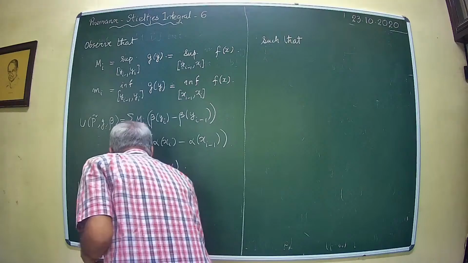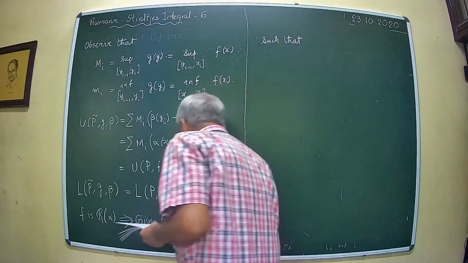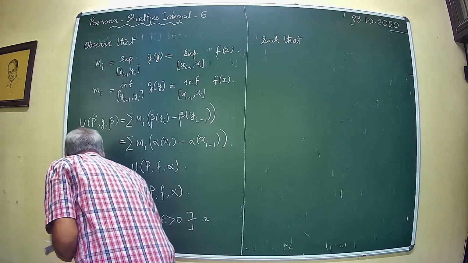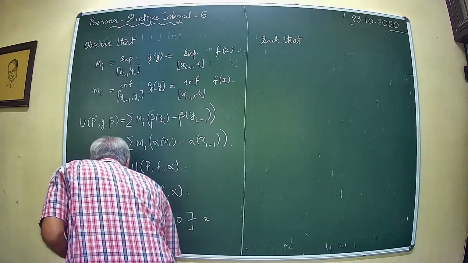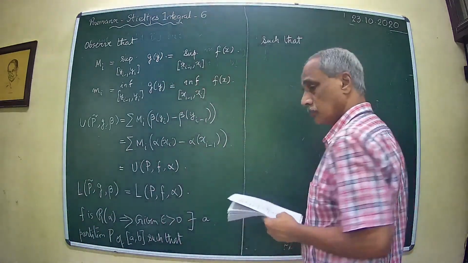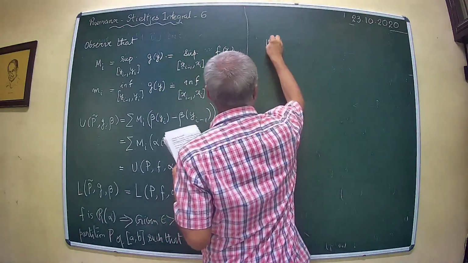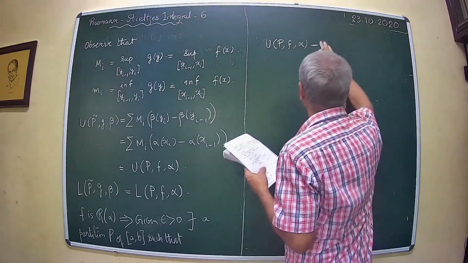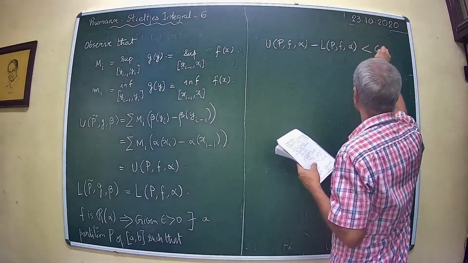Given epsilon positive, there exists a partition P of the interval AB such that U(P, F, alpha) minus L(P, F, alpha) is less than epsilon.